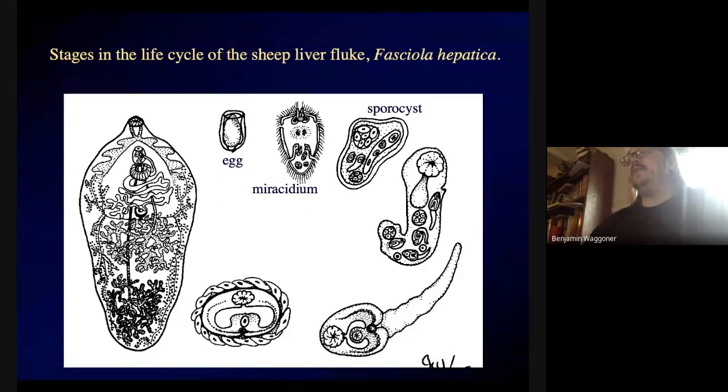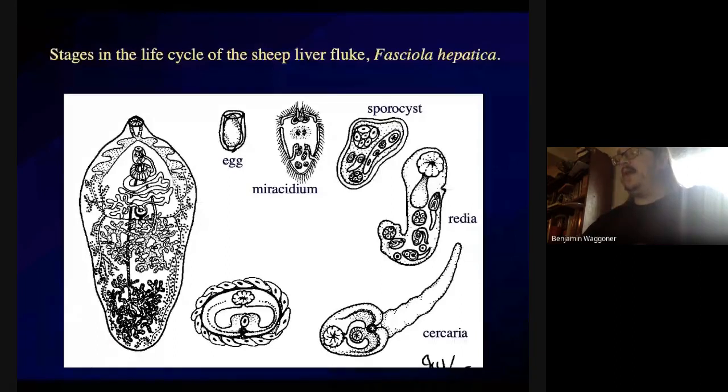You can see that's a sporocyst with some redia developing inside. The sporocyst develops into redia, and at the top of that drawing, you can actually see an oral sucker and a simple gut. Redias have guts. Sporocysts don't. And inside the redia, you can see some cercaria beginning to develop.